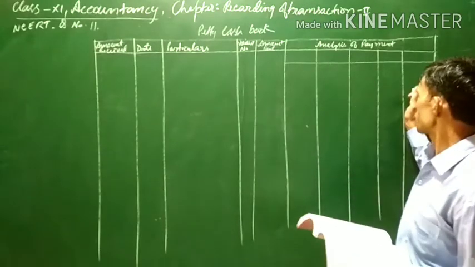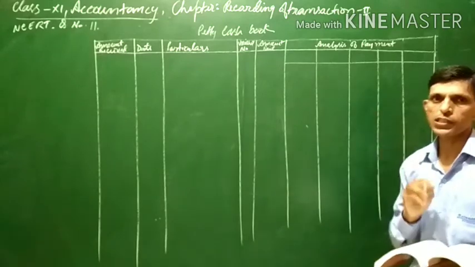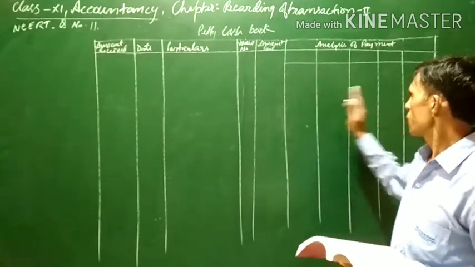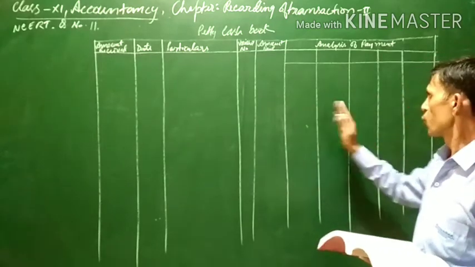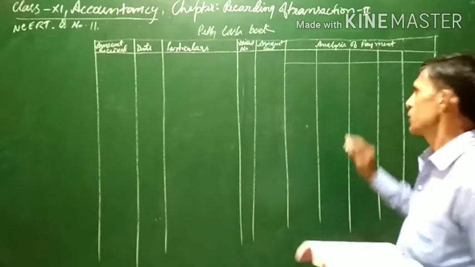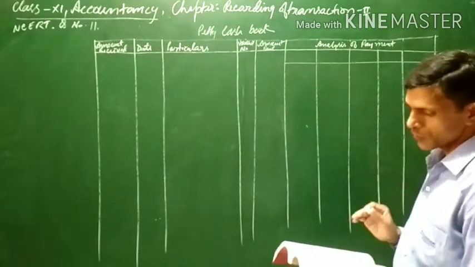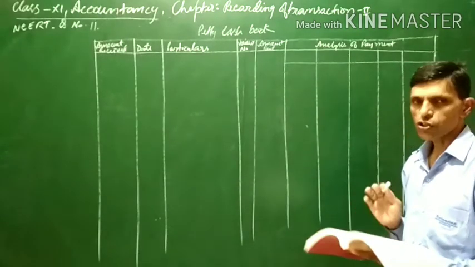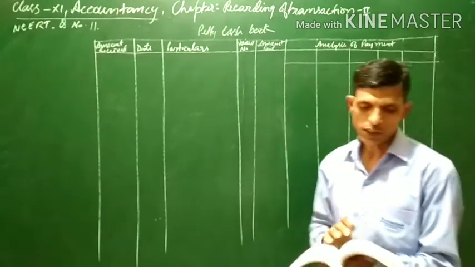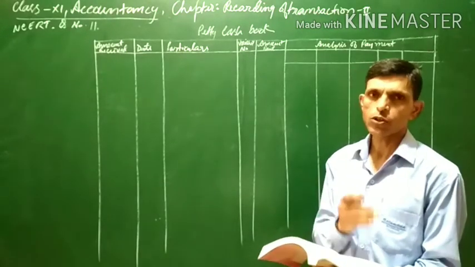And at least one column for miscellaneous should be there, for expenses that will not find any place in the other columns. Here we are preparing 4 columns, but it is not necessary to have only 4, you can add 5 or 6 columns also. What is important is that you see how many columns are needed.